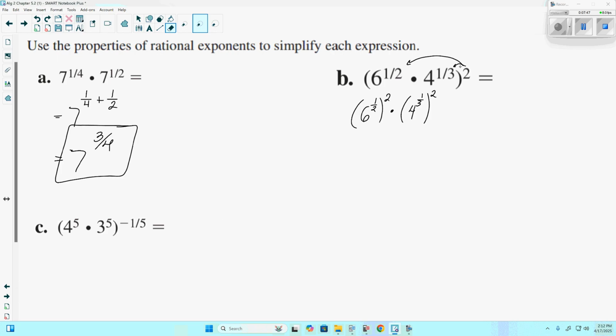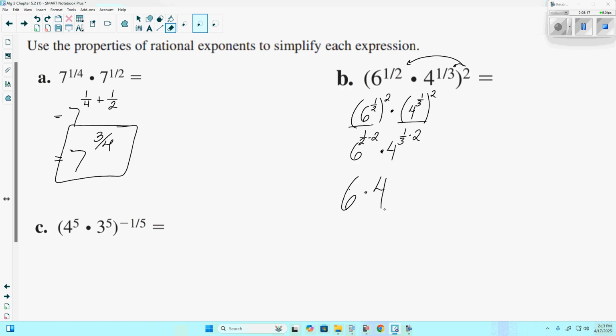Now, individually, we still have a power to a power. So for our 6, it'd be 6 to the 1/2 times 2. And with our 4, we have 4 to the 1/3 times 2. Well, what is 1/2 times 2? 1.